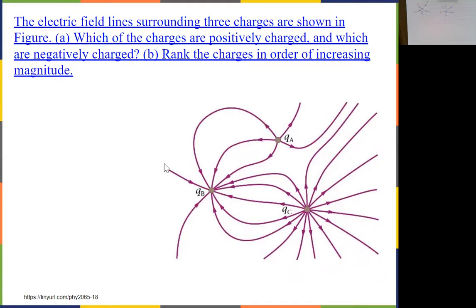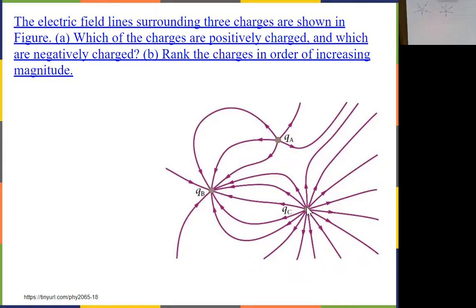Similarly, for the sign of QA, the lines start at QA, so that indicates QA is a positive charge. Now for QB, the lines go into QB, so QB is a negative charge. For QC, lines go out of QC, so QC is positive.